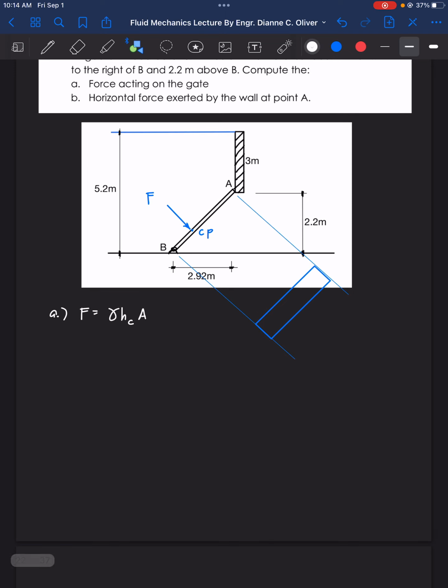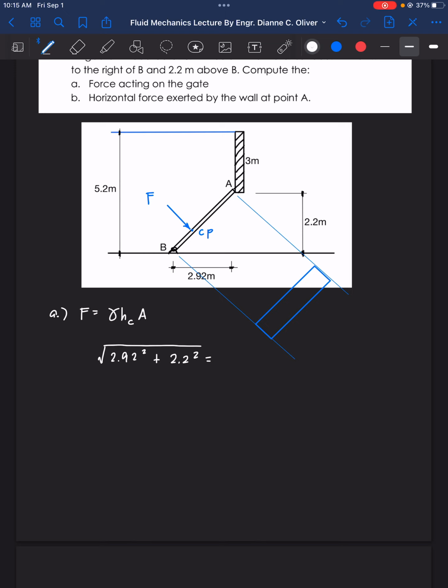So that is the square root of 2.92 squared plus 2.2 squared.